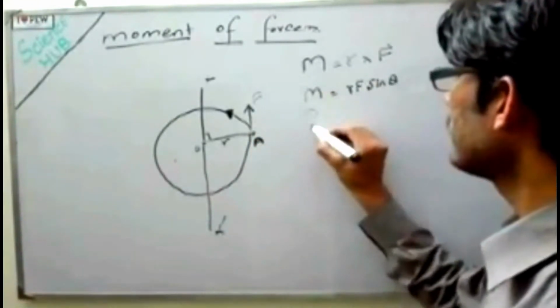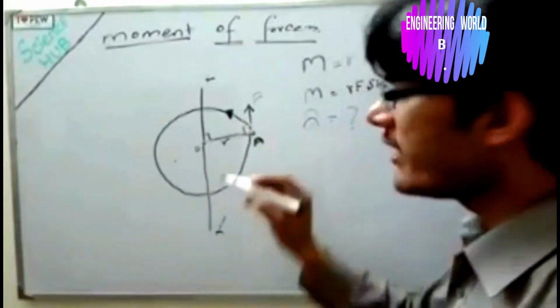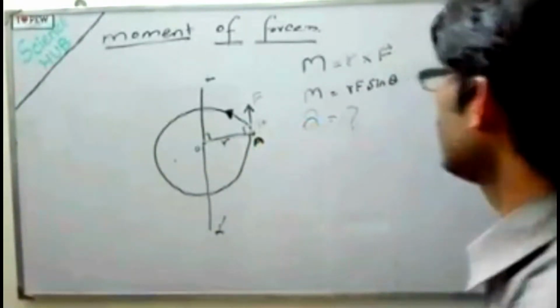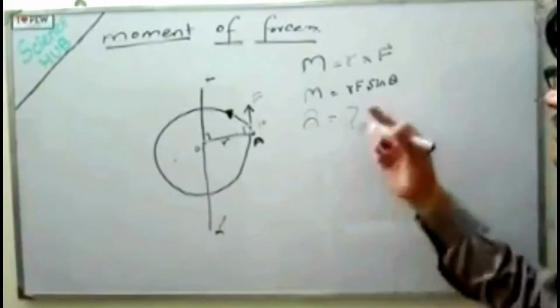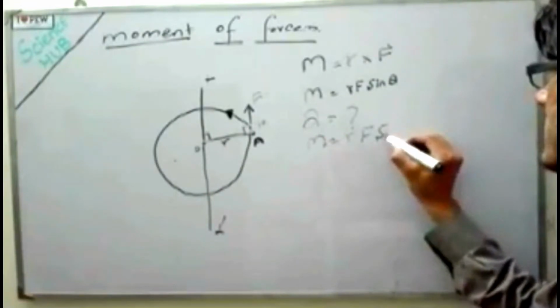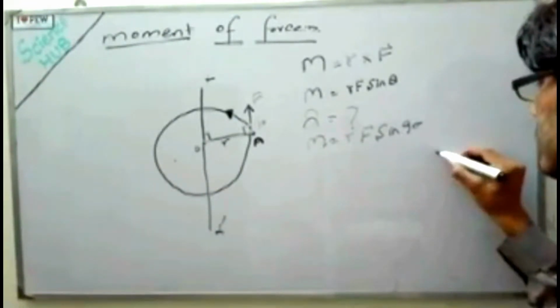So first of all, what is meant by this theta? This theta is the angle between the force and the moment arm, and here the angle will be equal to 90 degrees. If you put this 90 degrees in this equation, then it will be simplified into M is equal to R F sine 90. As we know, sine 90 is equal to 1.